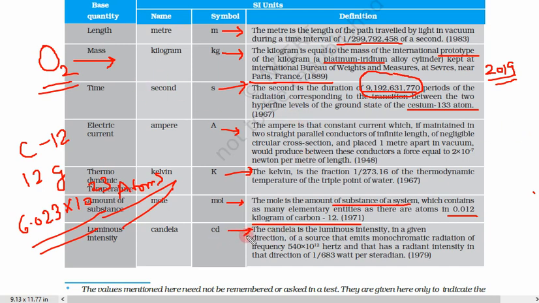Now last thing is candela. Candela is a measurement for luminous intensity, that means how much light is there. The candela is the luminous intensity in a given direction, in a particular direction, of a source that emits monochromatic radiation. What is the meaning of monochromatic?